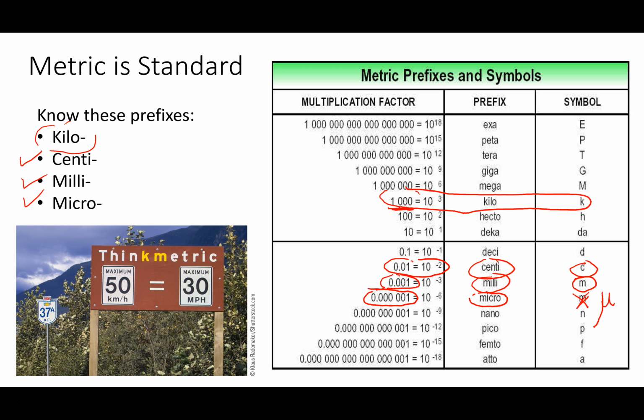Usually I don't think of it in terms of this way, between centimeters and meters. This is how I think of it: 1 meter is equal to how many centimeters? Meter is bigger, centimeters are smaller, so how many centimeters?